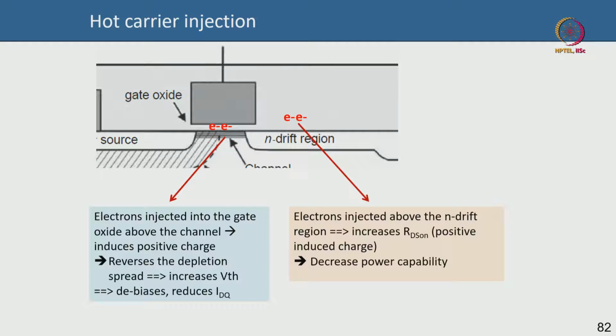So what happens is that if the electrons are injected in the oxide below the gate, then they will create additional negative charges in the oxide, okay, and they will reduce the depletion spread that is happening below in the channel. What happens is that it basically affects Vt.